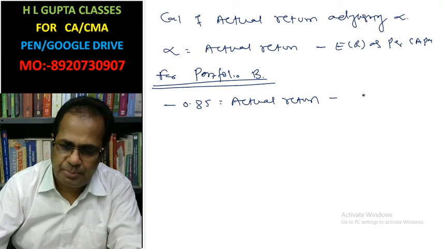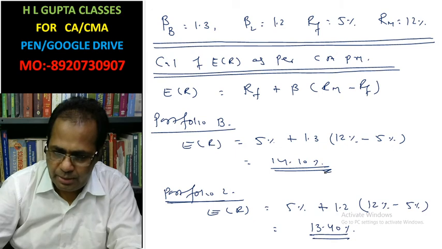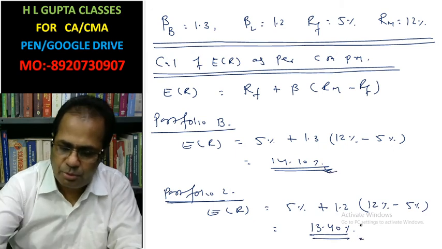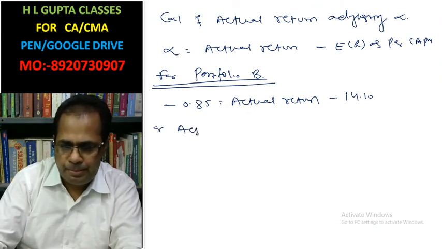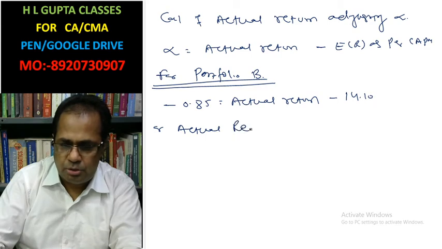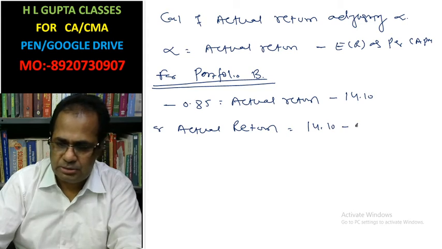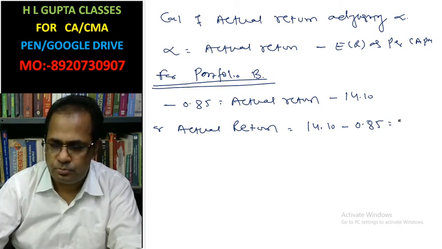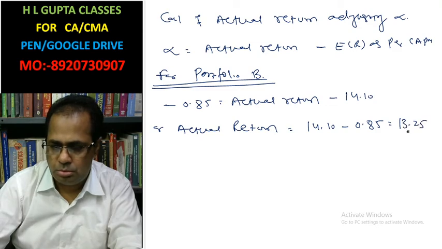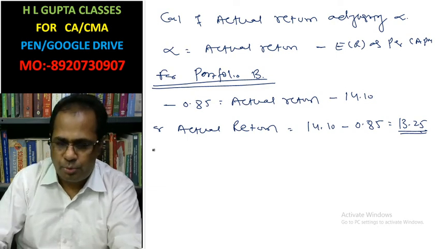The expected return as per CAPM is 14.10 for portfolio B and 13.40 for L. So actual return equals 14.10 minus 0.85, which is 13.25 actual return.